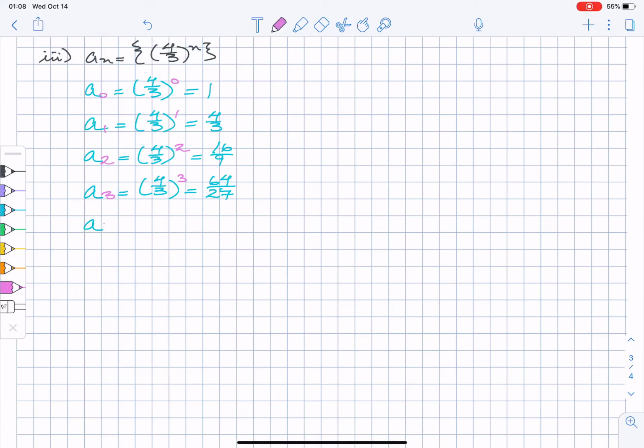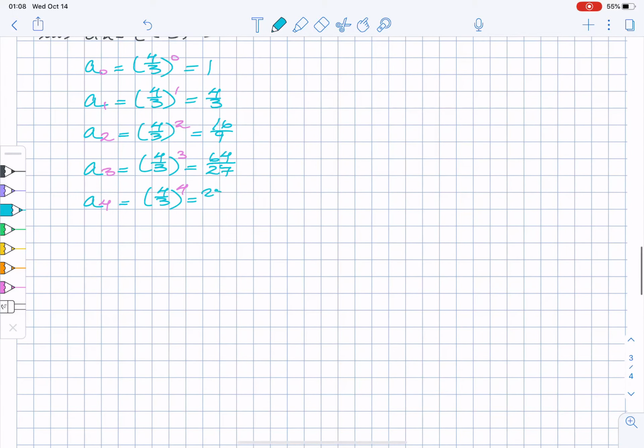A sub 4 is going to be 4/3 to the 4th power, so 4 to the 4th: 64 times 4, that's 256, right? And 3 times 27 will be 81. And last but not least, A sub 5 is 4/3 to the 5th power.